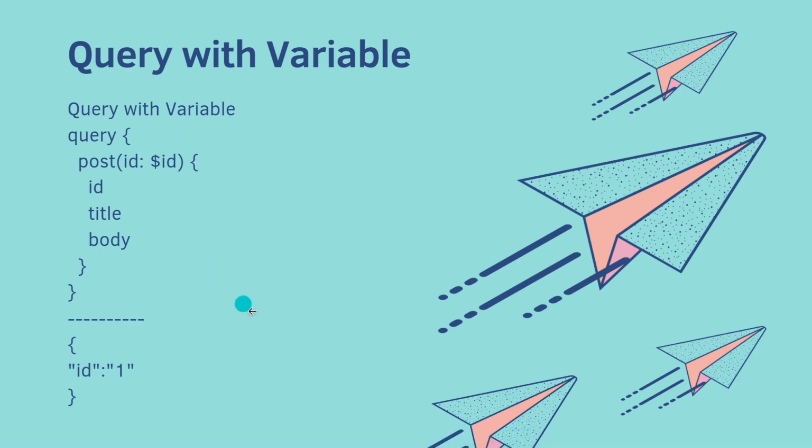This is the way we use a variable in GraphQL. But if we use this in our Next.js program, then we will use a dollar sign with curly brackets open, id, and curly bracket closed. That way we handle it in Next.js.